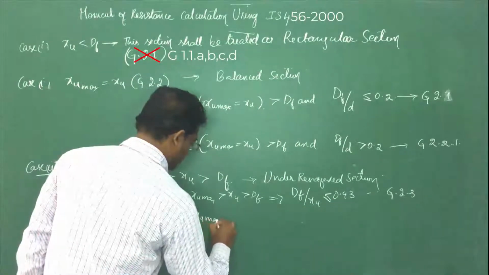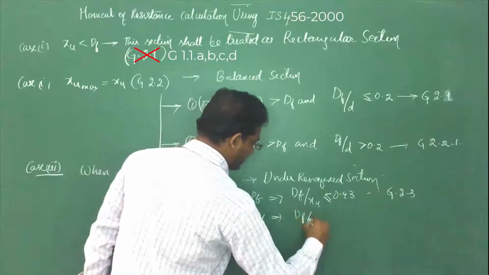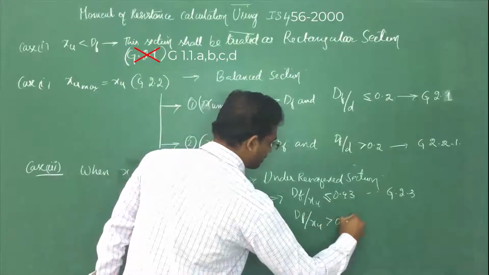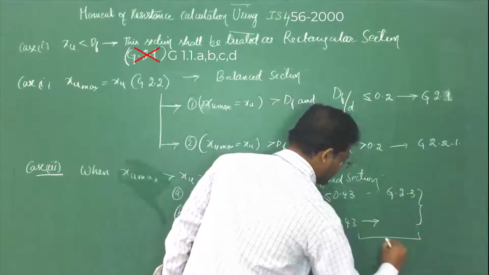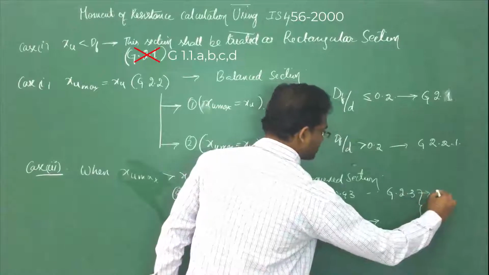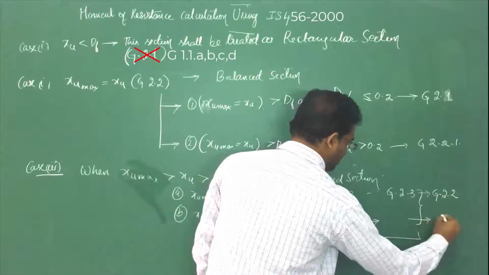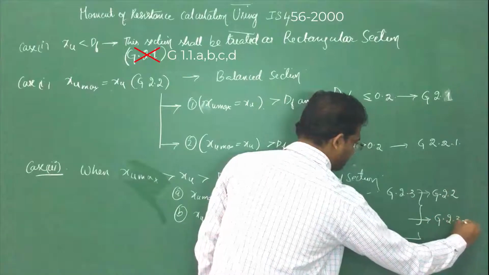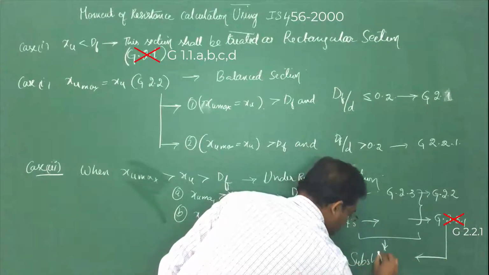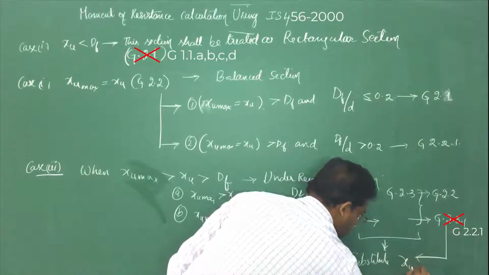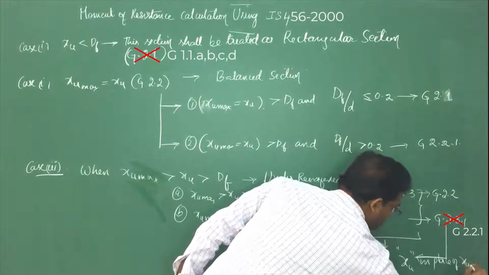The same case when Xu max is greater than Xu greater than Df, and when Df by Xu is greater than 0.43, is given there. So in both of these cases, it is to be noted that for this case you have to use the clause number 2.2 equation, and for this clause you can use the 2.3.1 equation. The only change is you have to substitute Xu in place of Xu max.